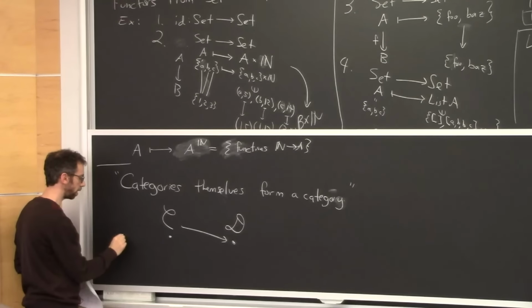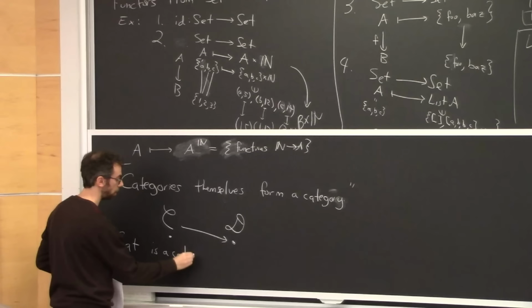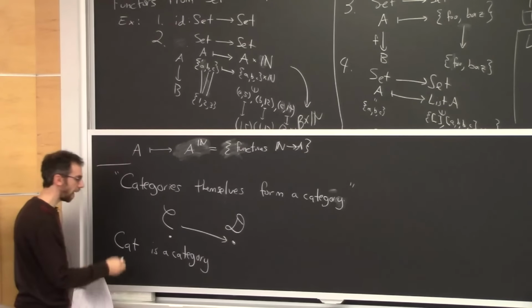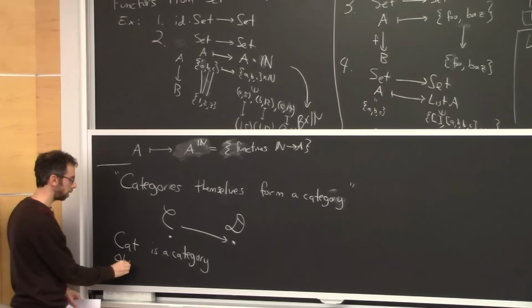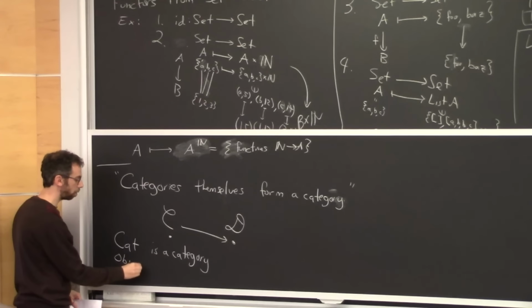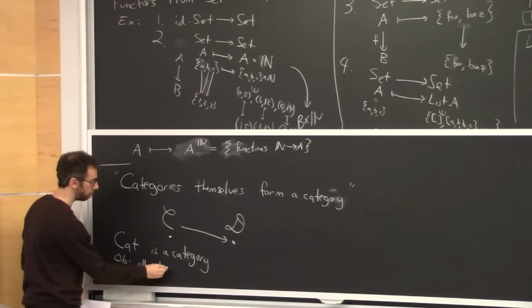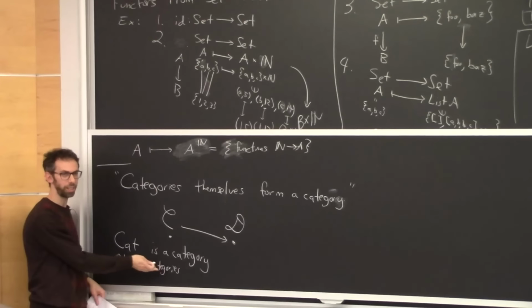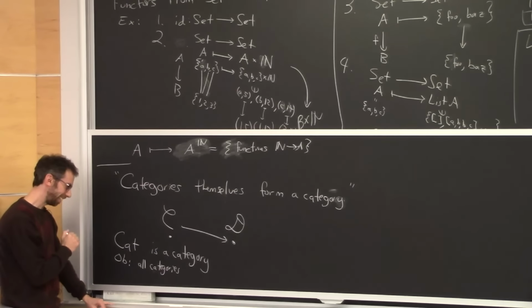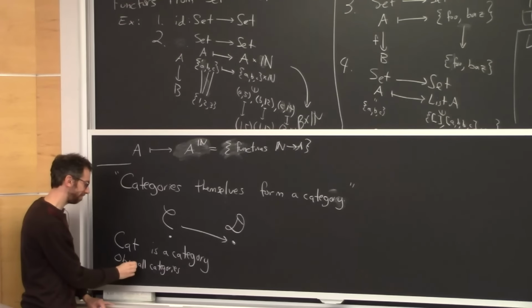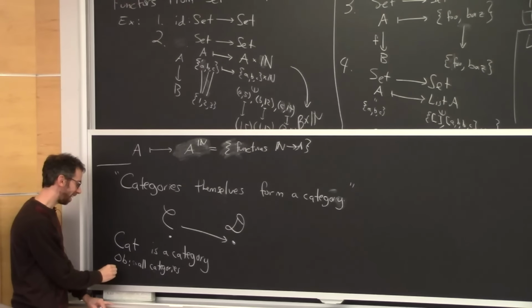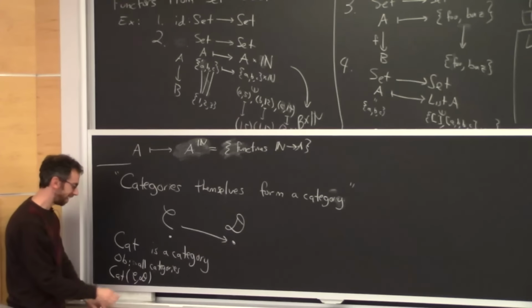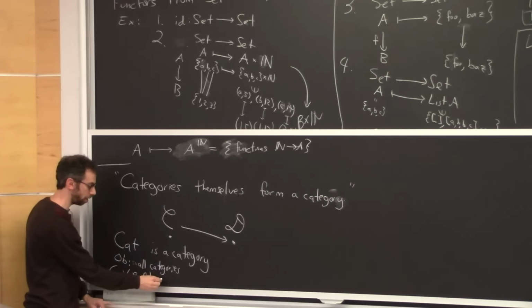So there's this category Cat, which is a category. Just like Set is a category, Cat is a category. Its objects are all categories. If you're worried about size issues, the category of categories is bigger than each category in the category of categories. Cat(C, D) is the set of all functors.